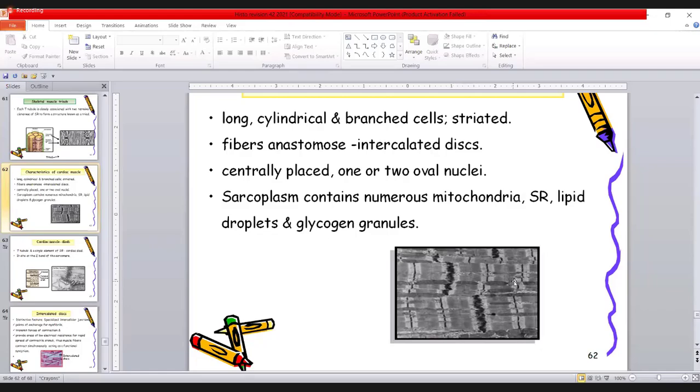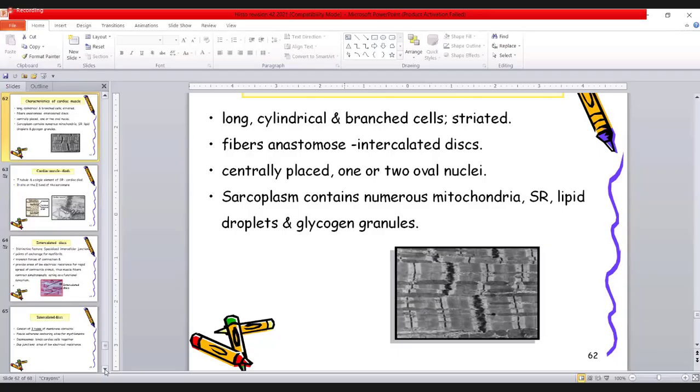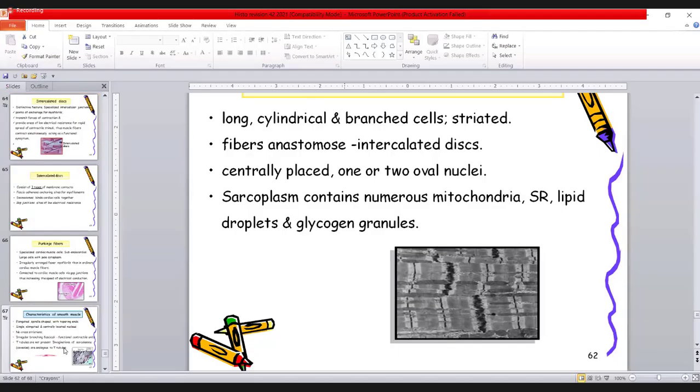So they transmit forces and stimuli throughout the cardiac muscle. Therefore, the cardiac muscles can rhythmically contract and act like a syncytium. That's the function of the intercalated disc, to help cardiac muscles act like a syncytium to contract simultaneously.